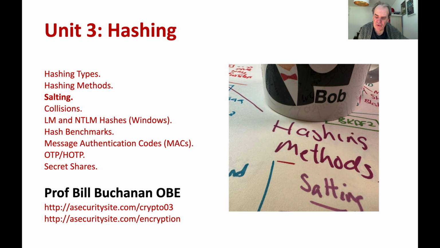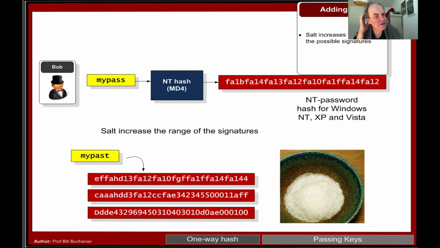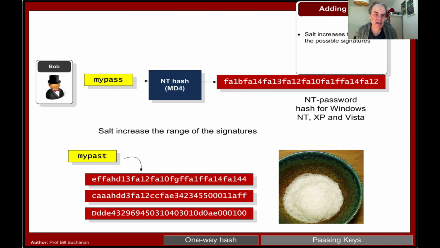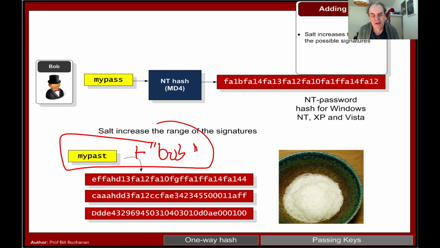Okay, so let's look at salting and why that's so important. So with salt, what we have is that we add maybe a string onto our input data, and then we can hash that. So in this case, we'll add the string Bob to the start or the end. It doesn't really matter as long as we know where it's going.